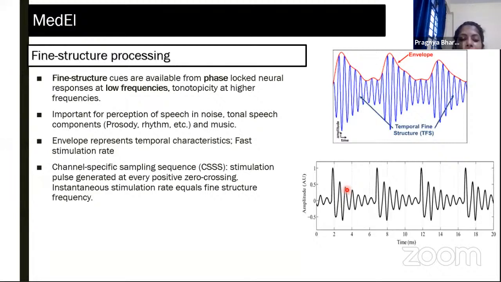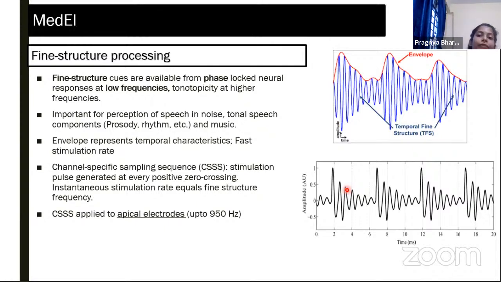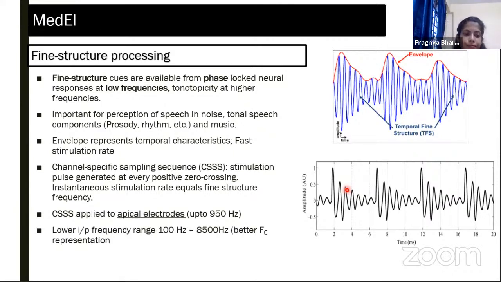This way of generating pulses enables us to depict the fine structure of the signal, and this is done mostly in the apical electrodes in the lower frequency region up to about 950 hertz, and above that they use a general high rate sequential stimulation strategy, which is known as the HDCIS.